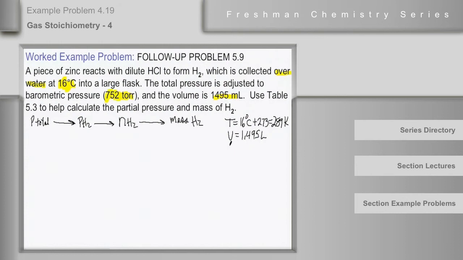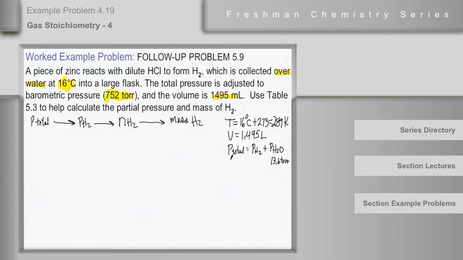Now, since the P total is equal to pH2 plus pH2O, we have to go and look up the value of pH2O in table 5.3, and that turns out at 16 degrees Celsius to be 13.6 torr.